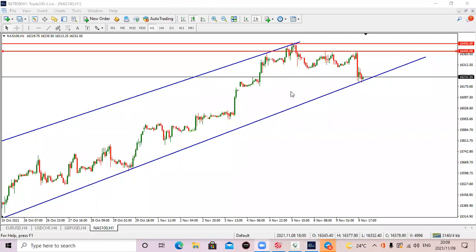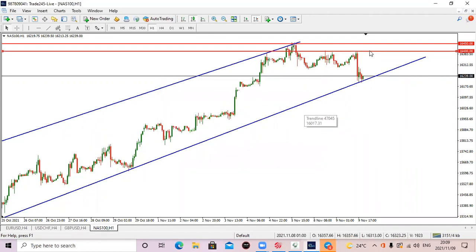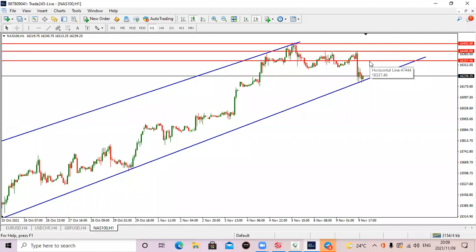So that's a 100 LP, then we have a 50 there, then we have 100. Remember, your 50 and your 100, that's where your entries are most of the time. So we have that 100, and then we can go down to 50.